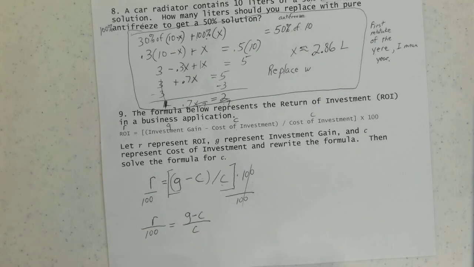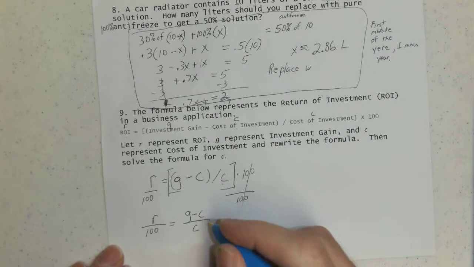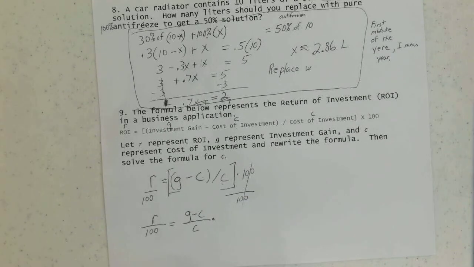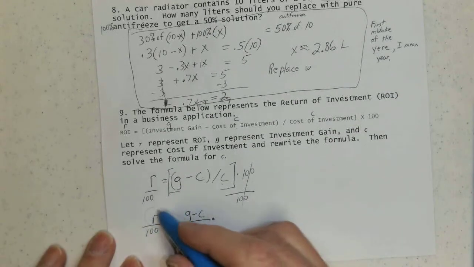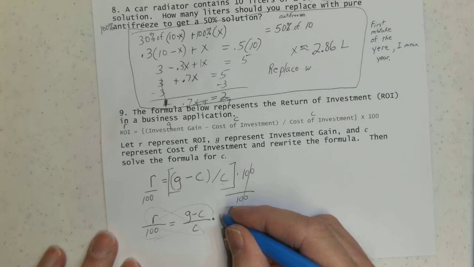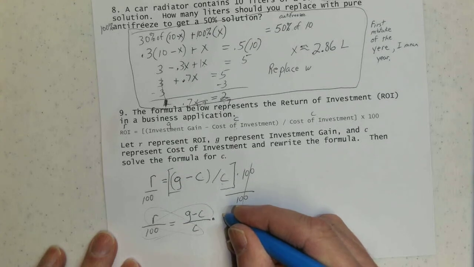Now, I know we're solving for C, but there's 2 approaches, and I know some of you like to do this, and I don't think that's a bad idea, personally, but I'm going to, first of all, just do this.